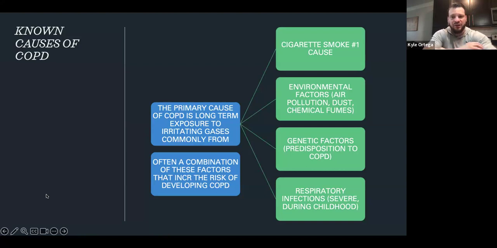Also genetic factors, so predisposition to COPD, and severe respiratory infections during childhood. So pretty much some people are just born with bad lungs, it seems like. Often it's a combination of these factors that increases the risk of developing COPD.